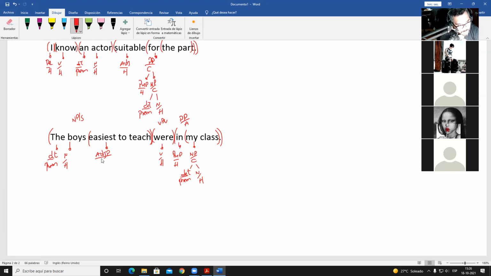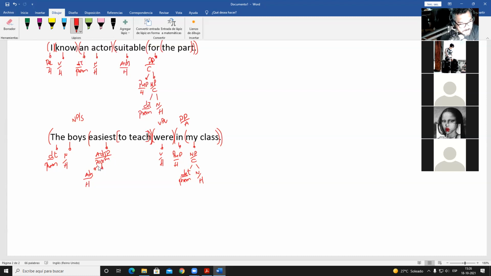This adjective phrase is the boys were in my class. I think it's a post modifier, I think. And then I have easiest, which is my adjective head. And next to that, I have to teach, which is a verb phrase. Therefore, as it is a verb phrase, it is a clause.